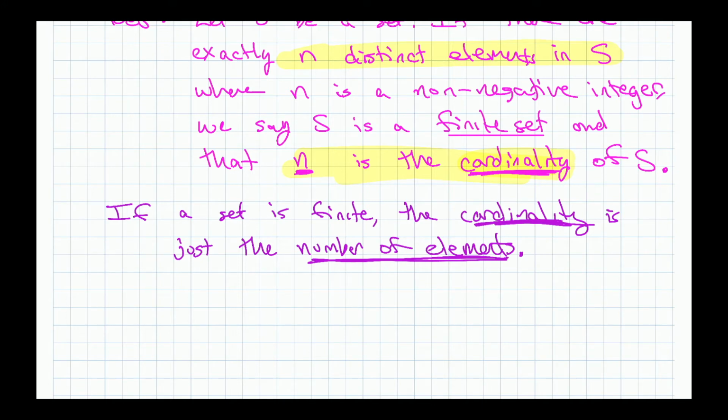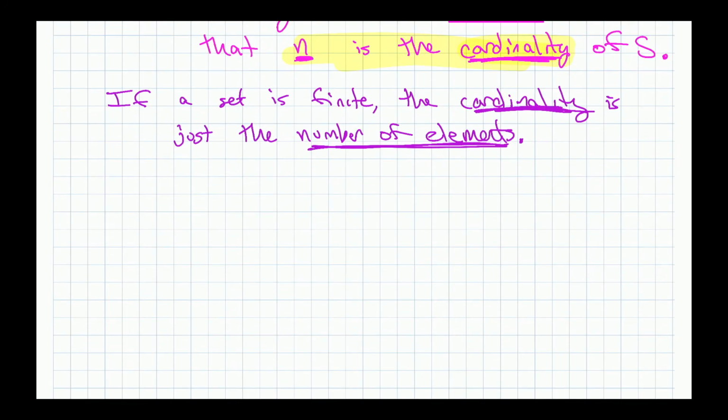Now, the reason we call it cardinality and not just size is because in other disciplines of mathematics, we want to have different kinds of sets that have an infinite number of elements.